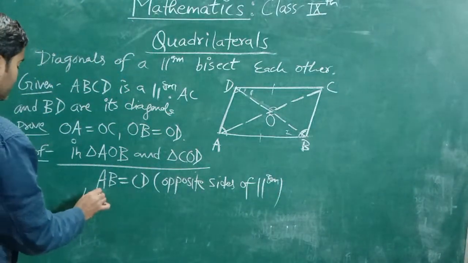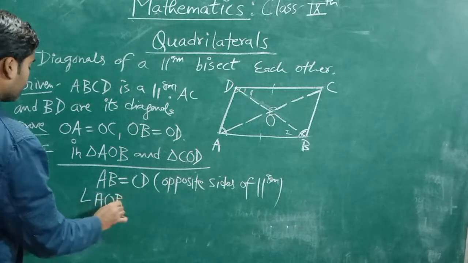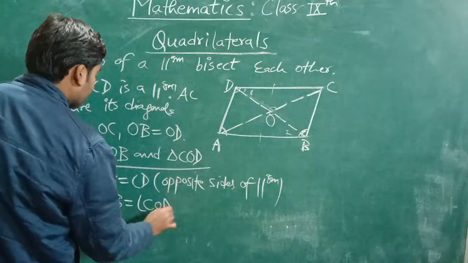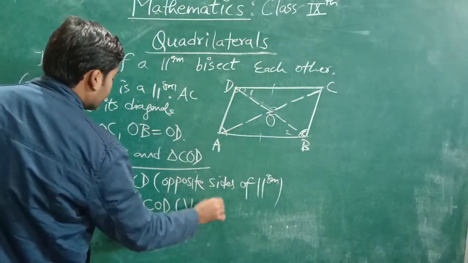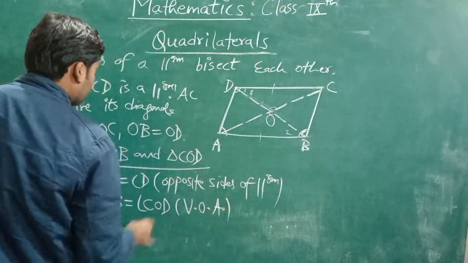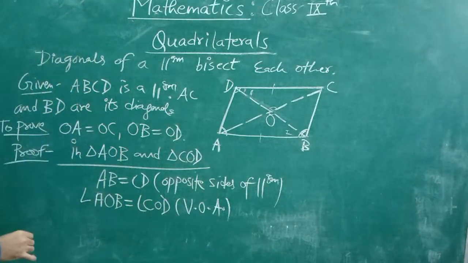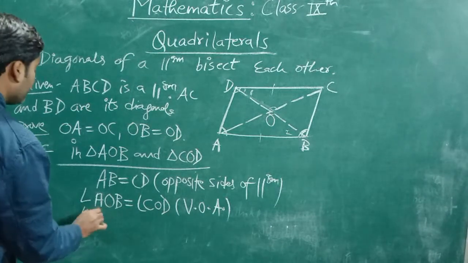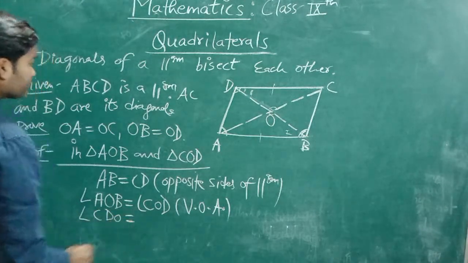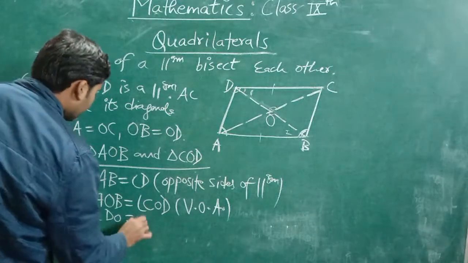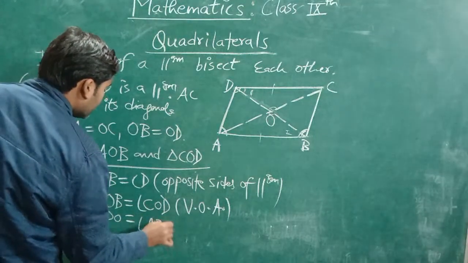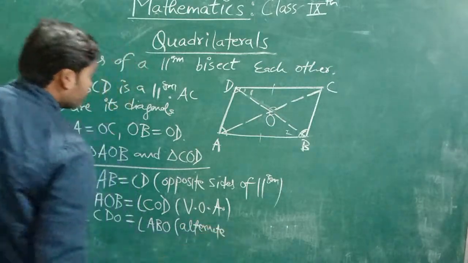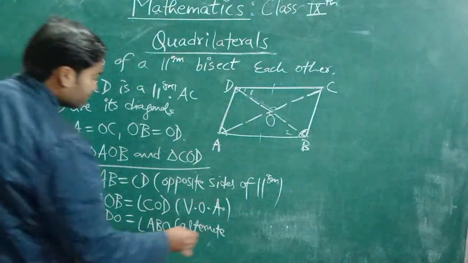Angle AOB is equal to angle COD. These two are vertically opposite angles. And angle CDO, which I have written as angle 1, is equal to angle ABO, which I have written as angle 2. These two are alternate angles for AB parallel CD and BD transversal.